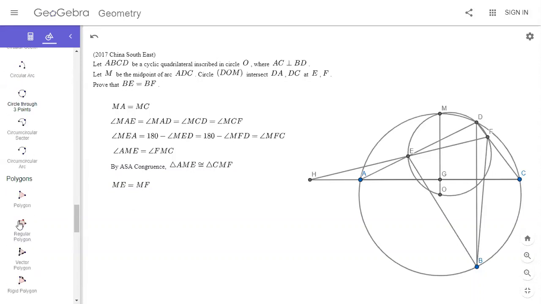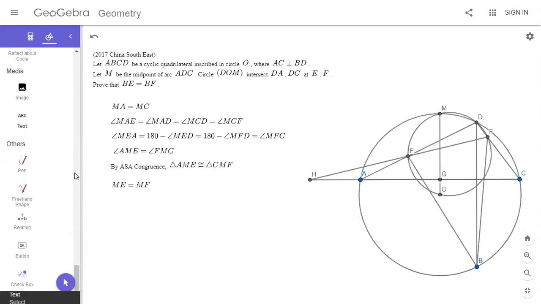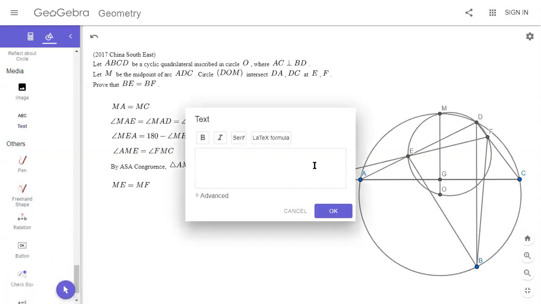Okay, so basically we have angle MED is equal to angle MOD, which is equal to twice angle MAD.